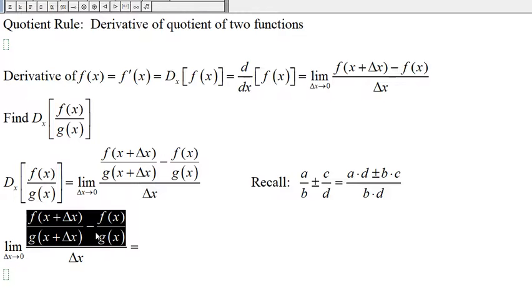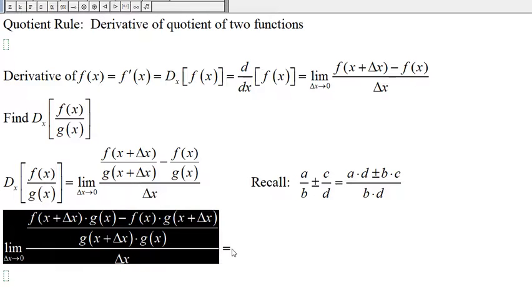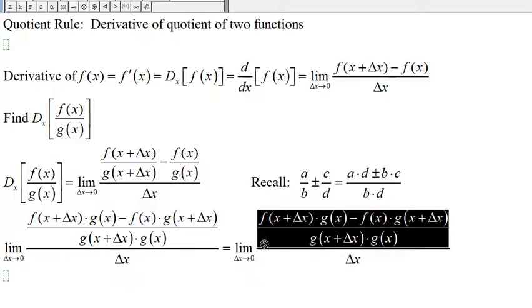And so now we come back here, that's what that is. And so this becomes this.